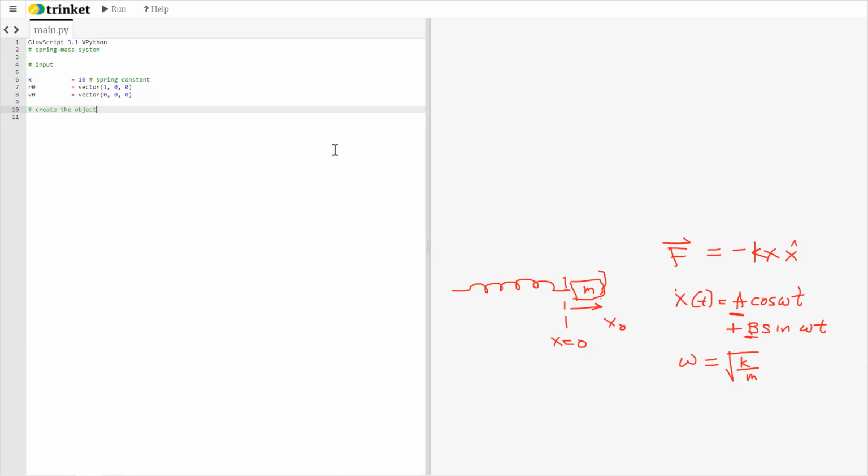So we just add the attributes in the sphere for position and initial velocity. The position is r naught and the velocity v is v naught.